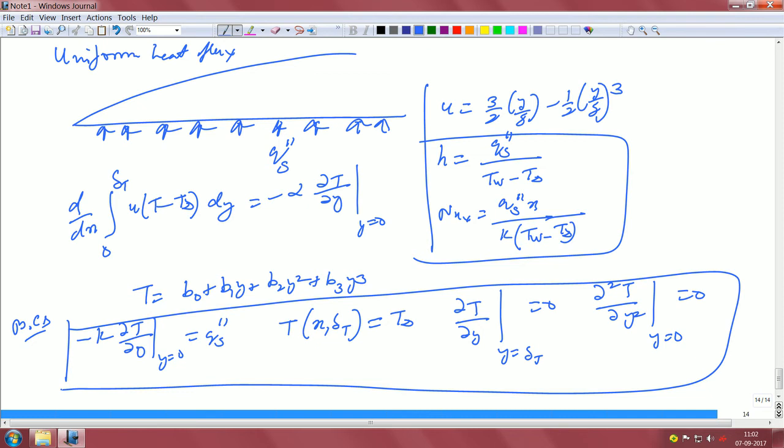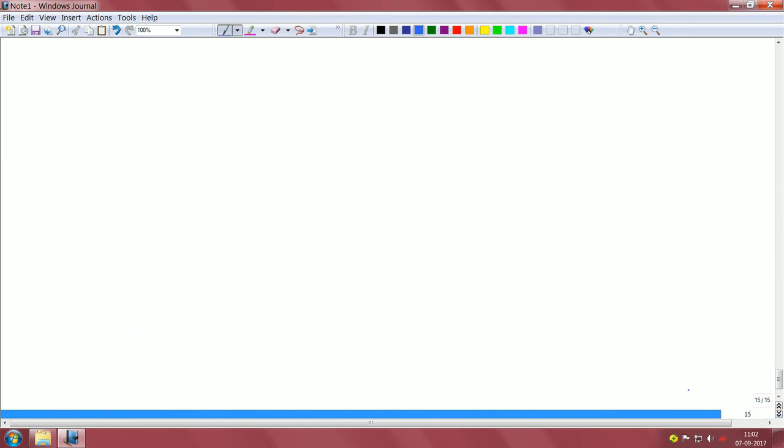Okay. So, what you need to do is follow the motions after this, apply the boundary conditions to find out what the temperature profile is going to look like. Once you get the temperature profile, it can be easily substituted into this T minus T infinity expression, and you can find it. So, I will just give you the temperature profile finally before we wrap up. Okay.